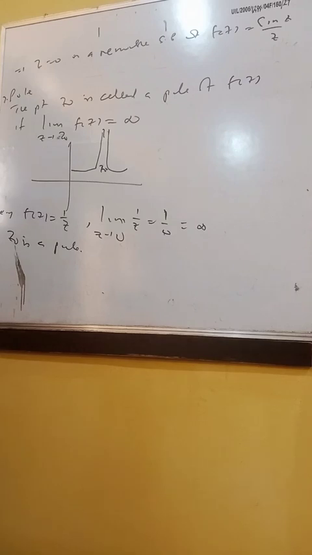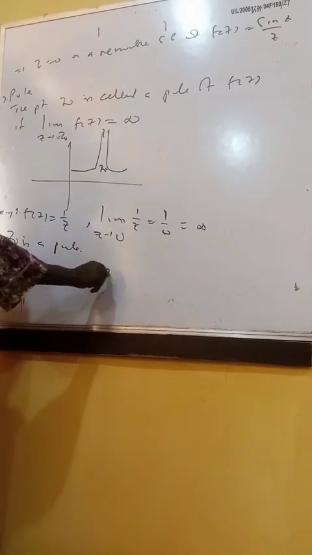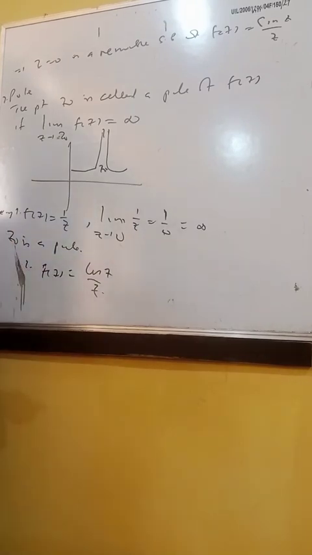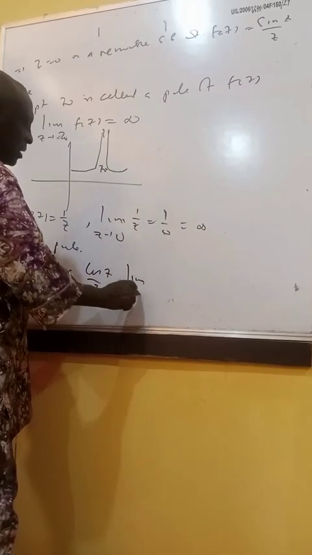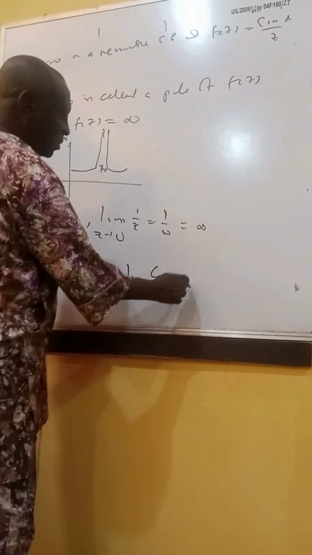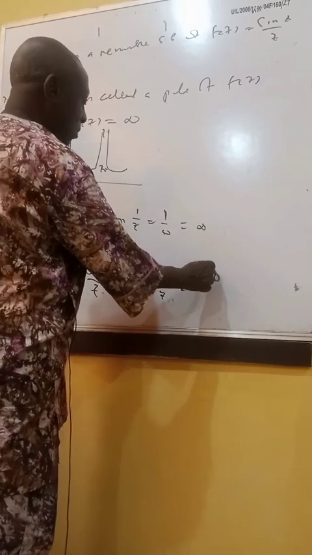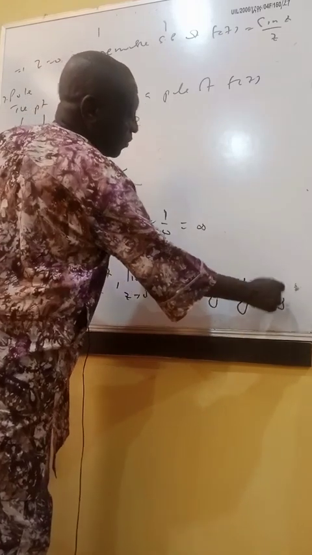You understand? This is 1, 2. If your f of z is equal to cos z all over z, for example, you will see that the limit as z tends to 0 of cos z all over z is equal to cos 0 all over 0, which is 1 all over 0, which is also infinity.